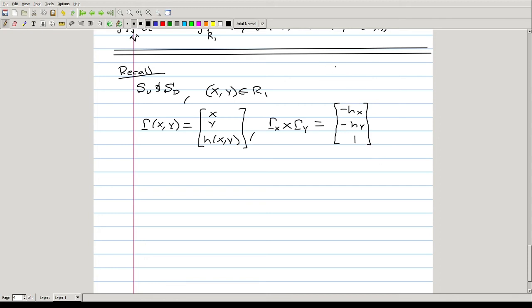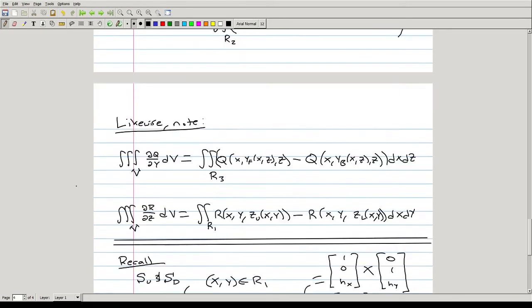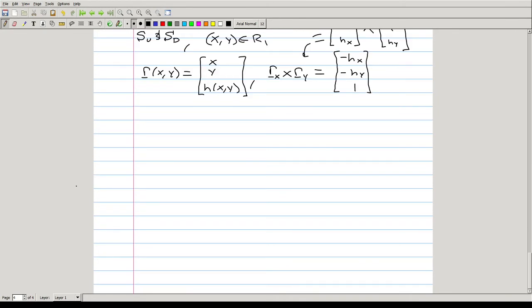Because remember that this is just the cross product of 1, 0, hx with 0, 1, hy. So our normal vector is going to be plus or minus this, depending on the orientation. And we can do a similar thing for both S front and S back.